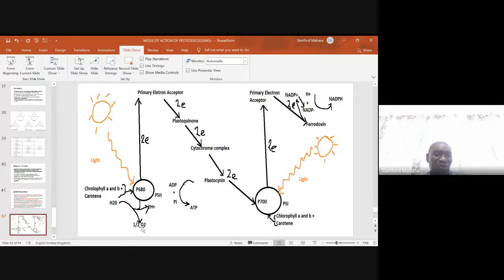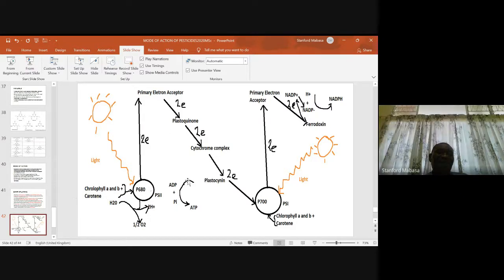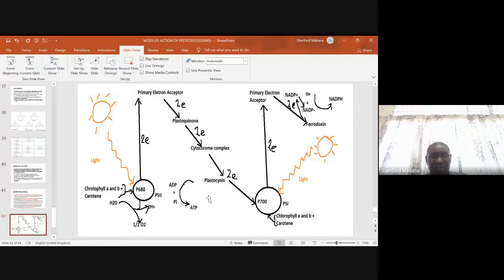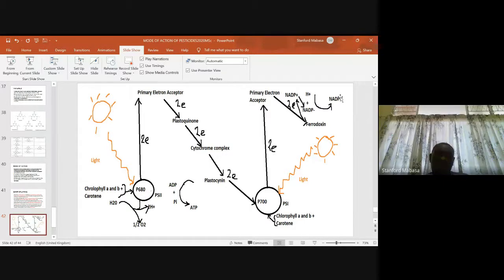But what may also happen is that there could be an accumulation of hydrogen peroxide, which will start to burn the plant. And at the same time, that plant will be starved of ATP and NADPH, which are required by the Calvin cycle, which means the Calvin cycle will be slowed down.